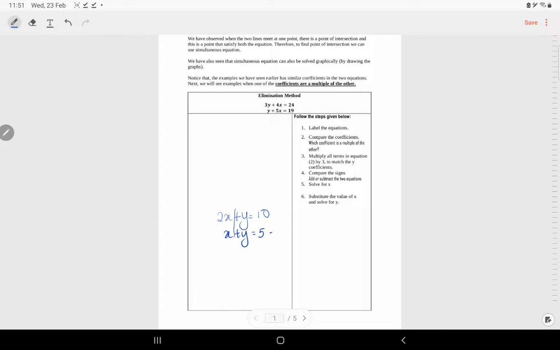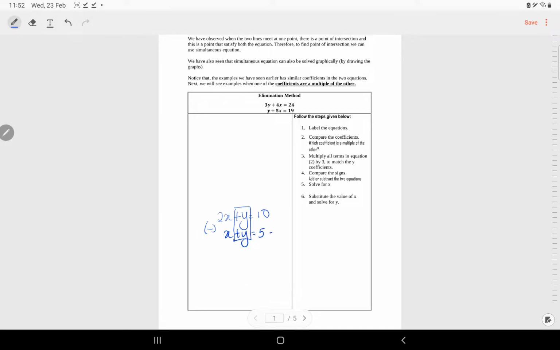Notice that we have similar coefficients here. So if you have similar coefficients, you are trying to eliminate this coefficient by either adding or subtracting. In this case, we subtract the two equations.